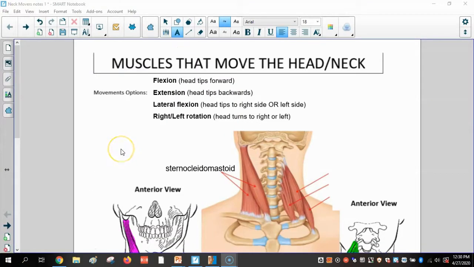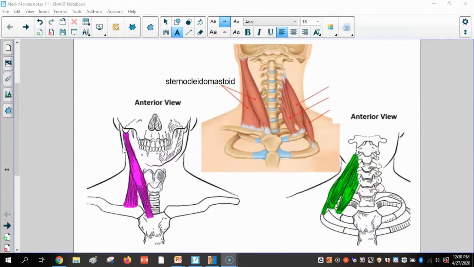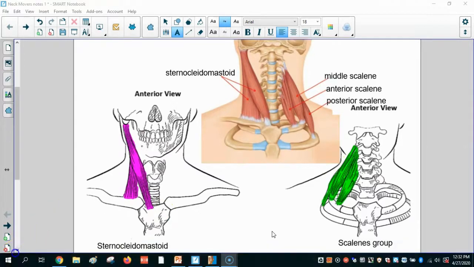The second muscle on the first page of the notes is going to be right across the way here. And actually it's 3 different muscles, but we're going to talk about them in terms of being a group. And so what we have here is the scalenes group. We have an anterior scalene, a middle scalene, and a posterior scalene. And all 3 of those are again represented here. So I'm going to go ahead and label those and we'll take a look.